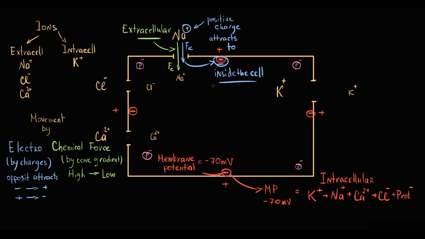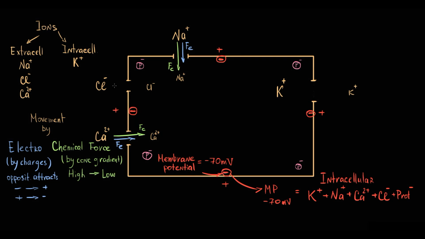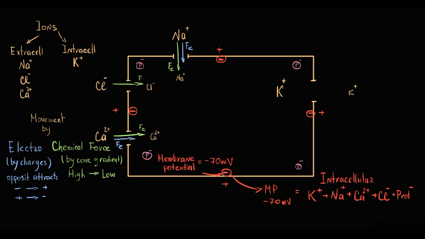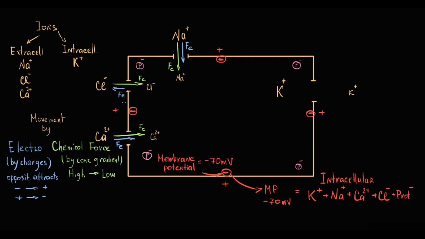Calcium is the same as sodium, also an extracellular ion with positive charge. Chloride is an extracellular ion, thereby by chemical force chloride moves inside the cell. And because chloride has negative charge, by electric force chloride moves outside the cell.